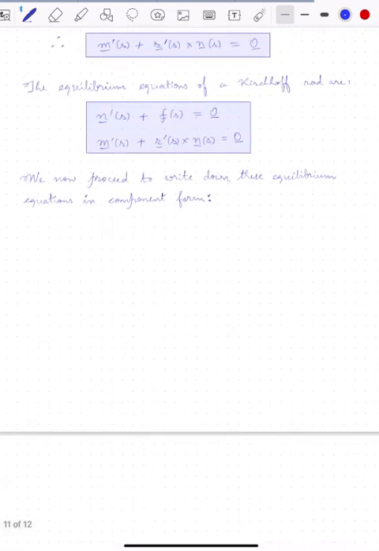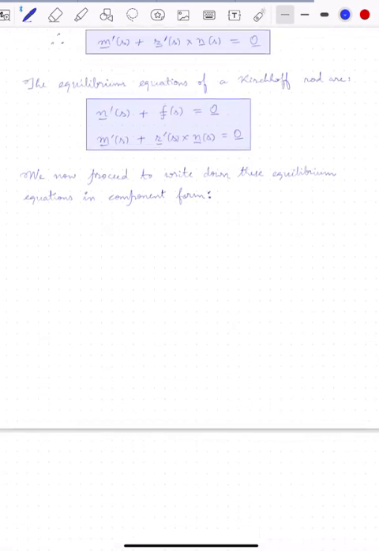So in that sense, we will have to use the frame evolution equations.